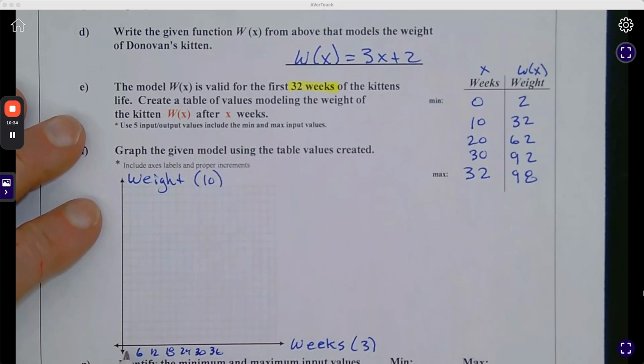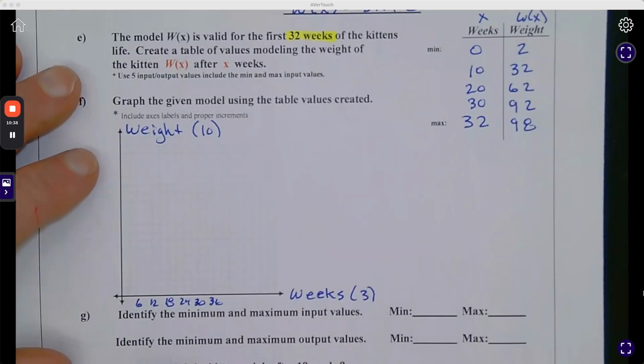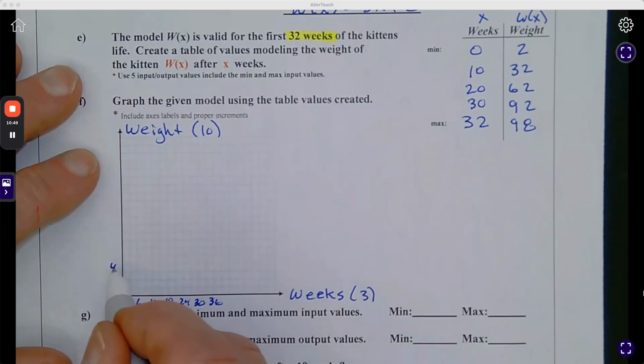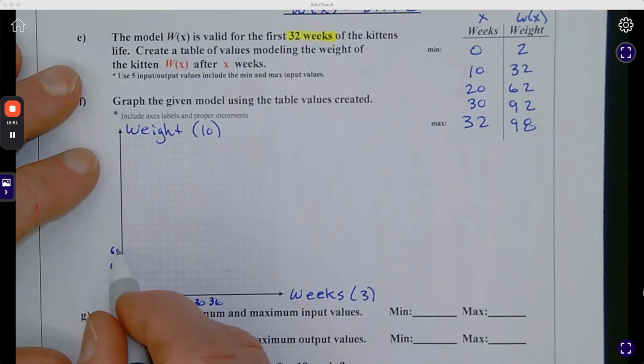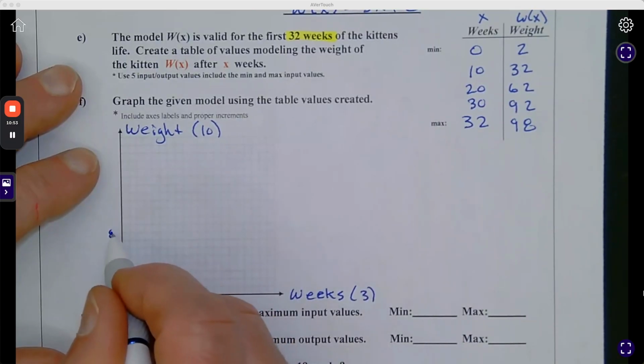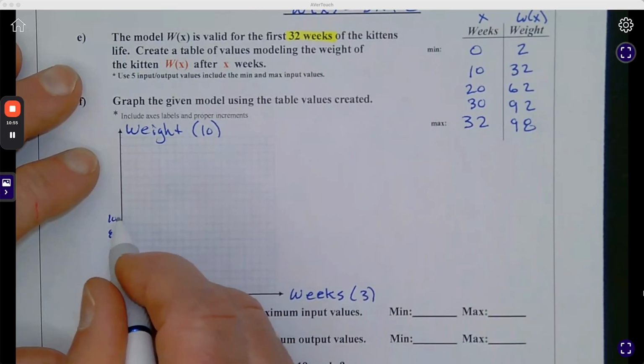All right, so every increment represents 3. And I skipped them because it'll get jumbled. You know what I mean? So 3, 6, 9, 12, 15, 18, just counting by 3s. Now I'm going to count by 10s: 0, 10, 20, 30, 40, 50, 60, 70, 80, 90, 100.